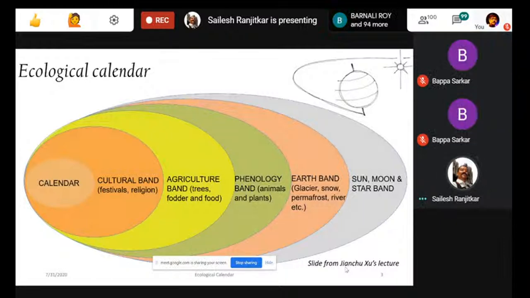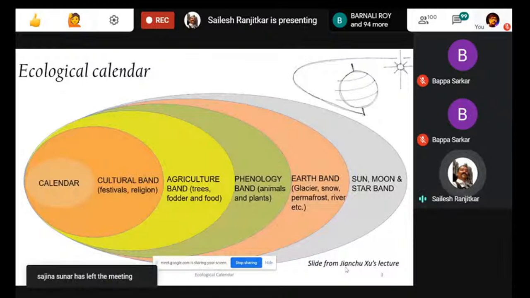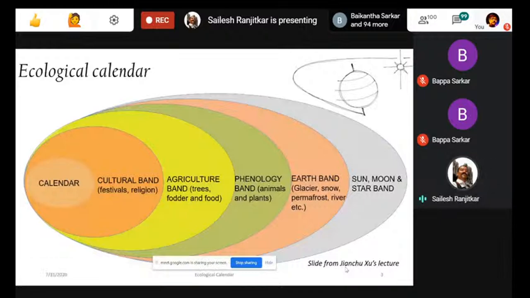The phenological band includes the life cycle of animals, plants, even insects. Then the geological band includes information coming out from the glacier, snow, permafrost, river, all these geological changes. Then the astrological band includes sun, moon, or the star band, which is part of the astrology itself.